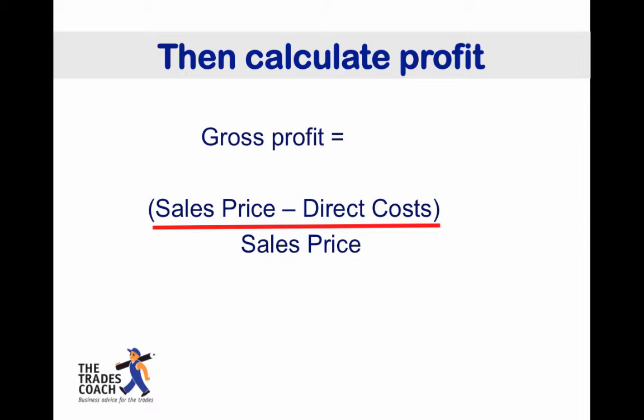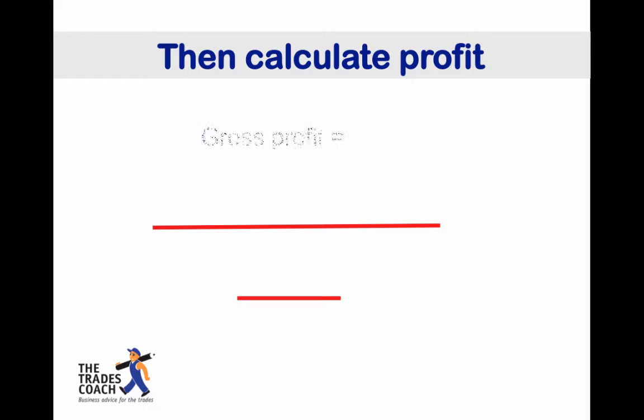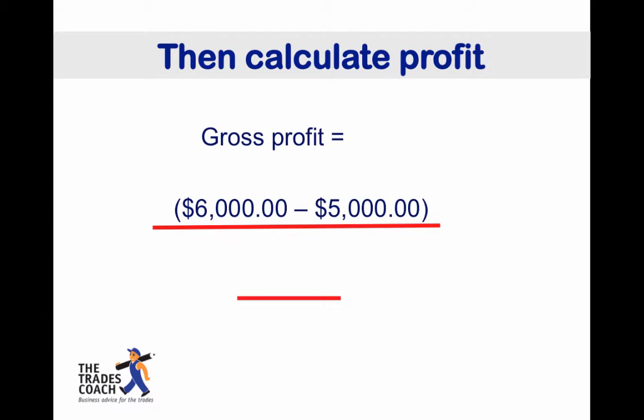What's really interesting to know though is what's that as a percentage. And so to calculate that, you divide that gross profit dollar figure back into the revenue or sales figure, and that will give you a percentage. So in our little example here, we have our $6,000 worth of revenue. We deduct off our $5,000 worth of direct costs.